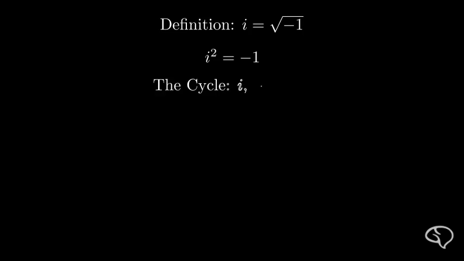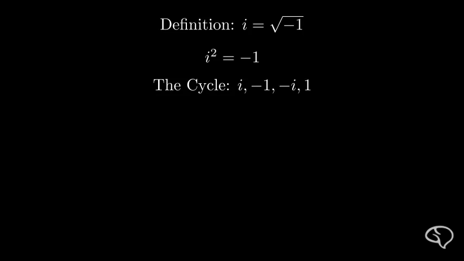Let's recap what we've learned today. We started with the definition of the imaginary unit, i, as the square root of negative 1. This means that i squared is equal to negative 1. By calculating the first few powers of i, we discovered a repeating pattern. The powers of i cycle through the values i, negative 1, negative i, and 1. This cycle has a length of 4.